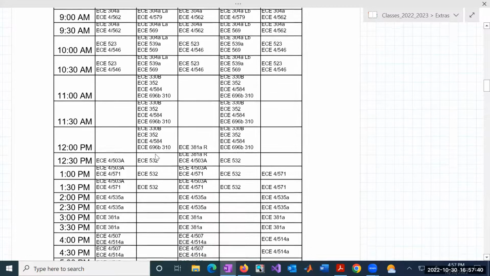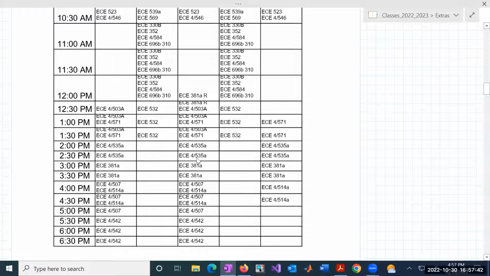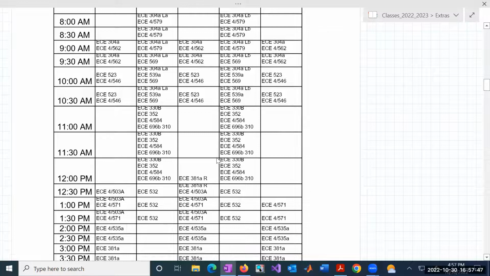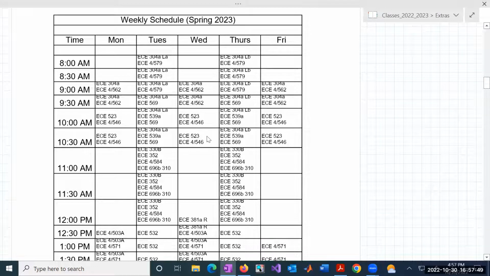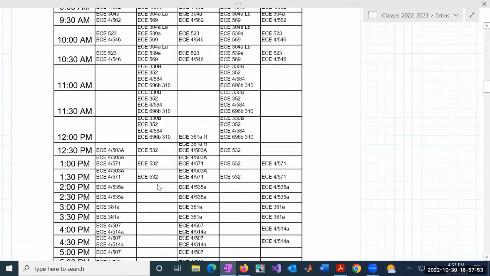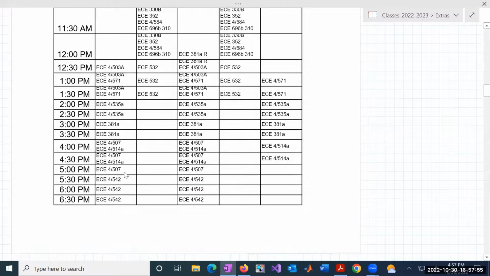So what you would want to do is look at this particular layout of the weekly schedule and correlate that with what you're interested in taking, and then find particular classes that don't overlap and allow you then to take the classes that you're wanting for your elective coursework.